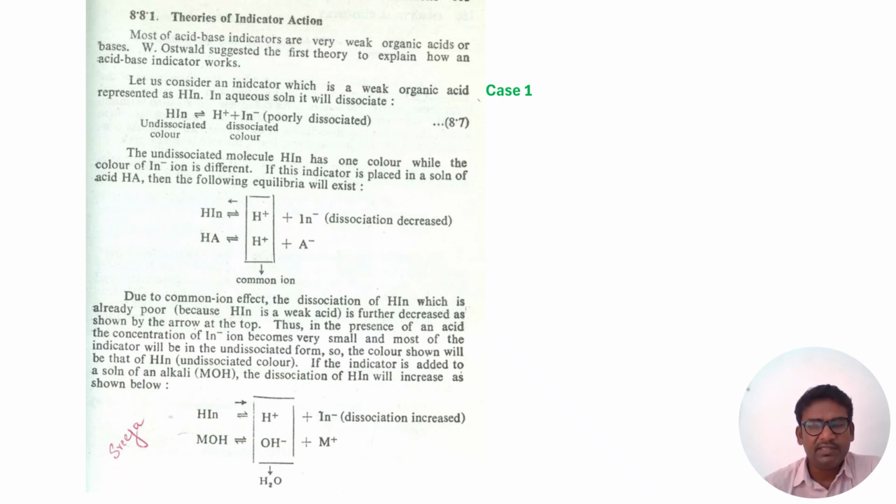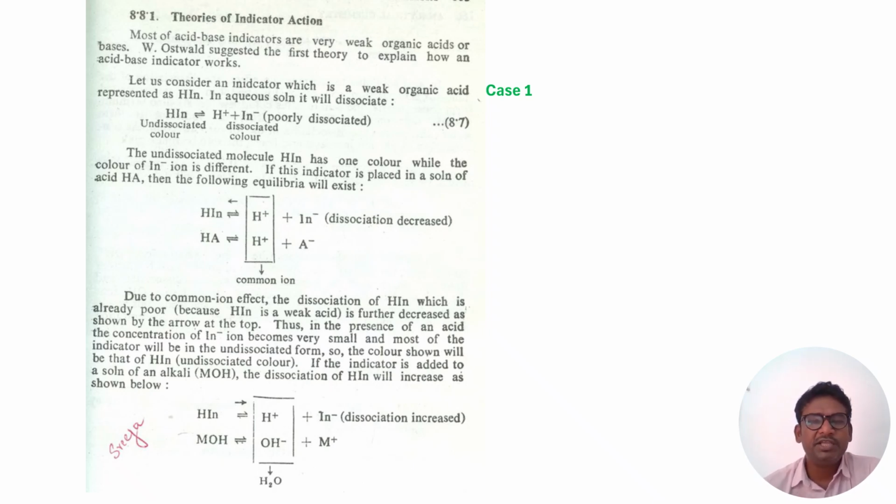Note it carefully, since we dropped in an acid, this acid also dissociates to give H+ ion plus the anion. Note that there is a common ion. Both of them render H+ ion, the indicator as well as the solution. Therefore, this common ion induces the so-called common ion effect.